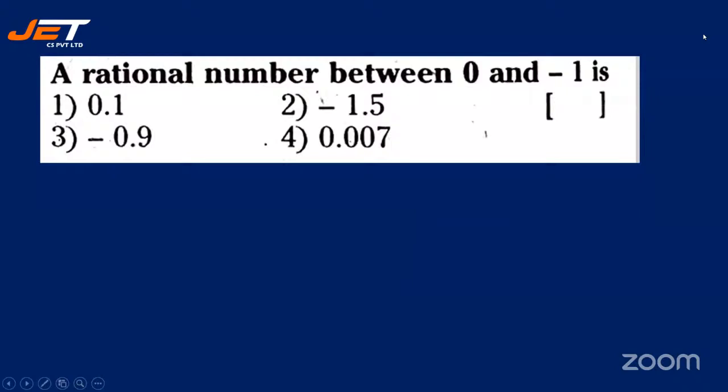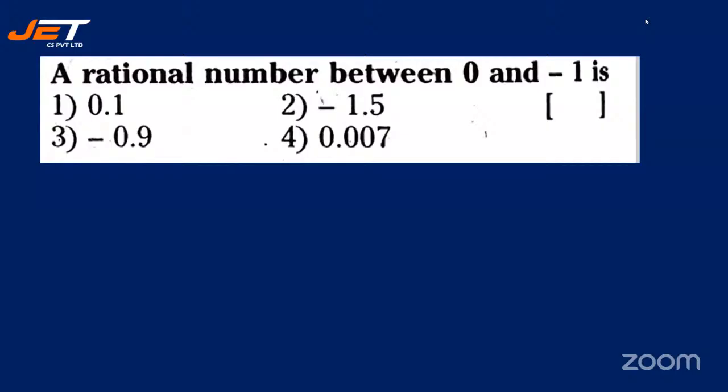Your next question says: a rational number between 0 and -1 is dash. 0.1, -1.5, -0.9, 0.007. Is it 0.1?